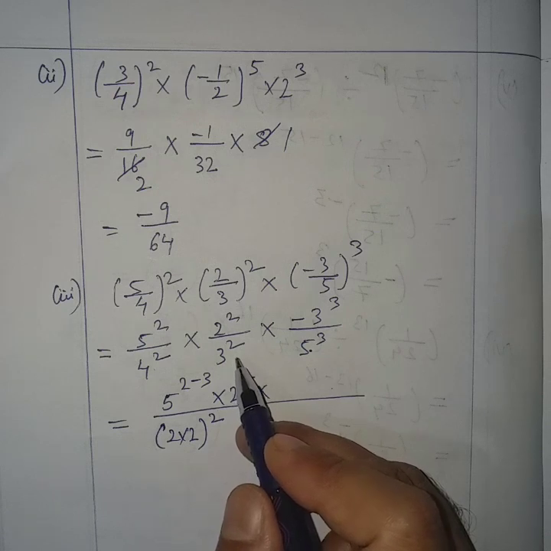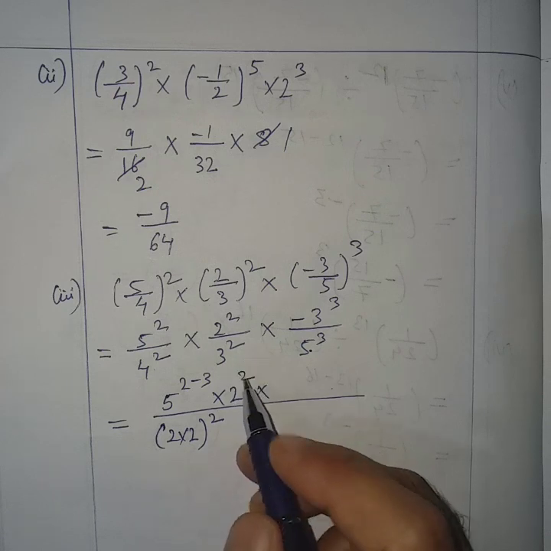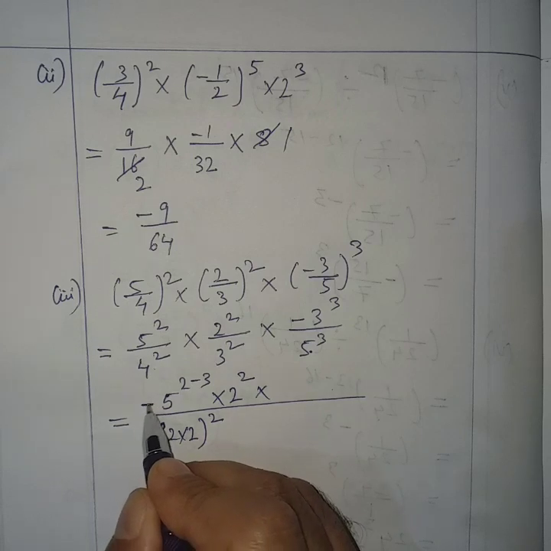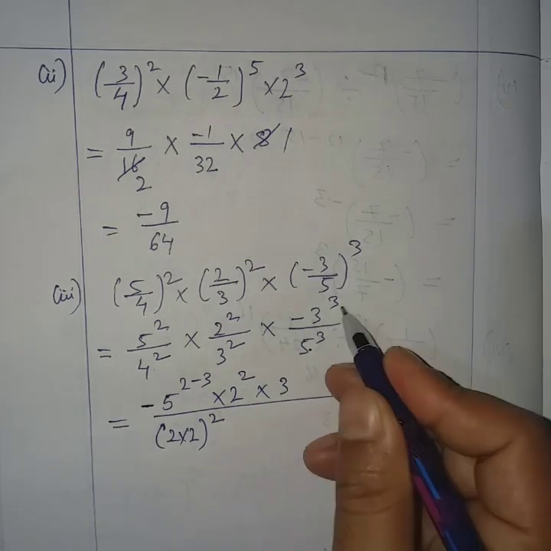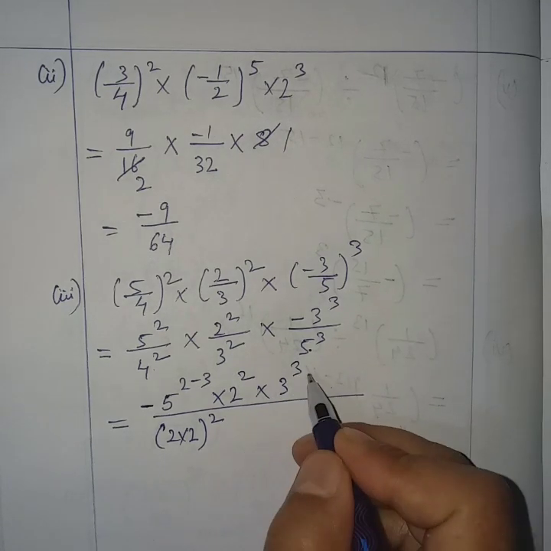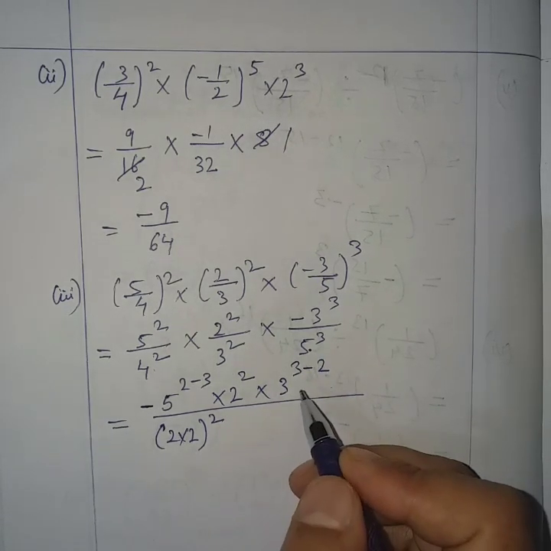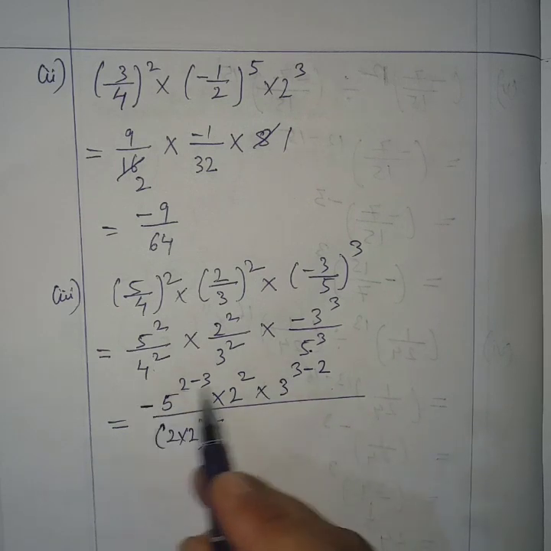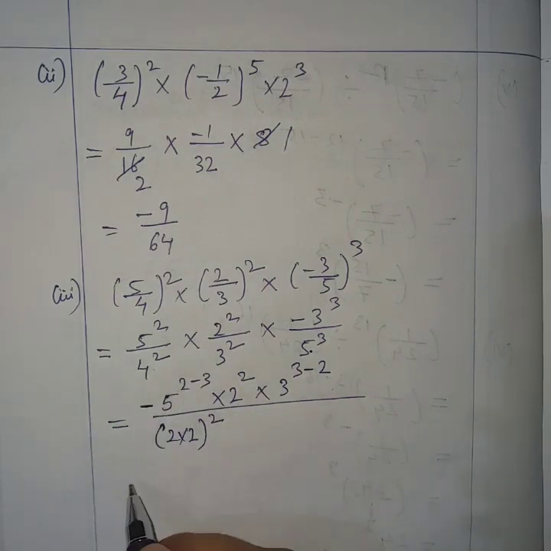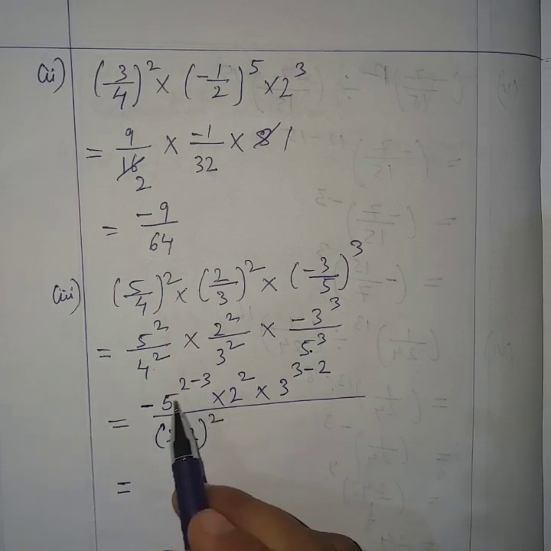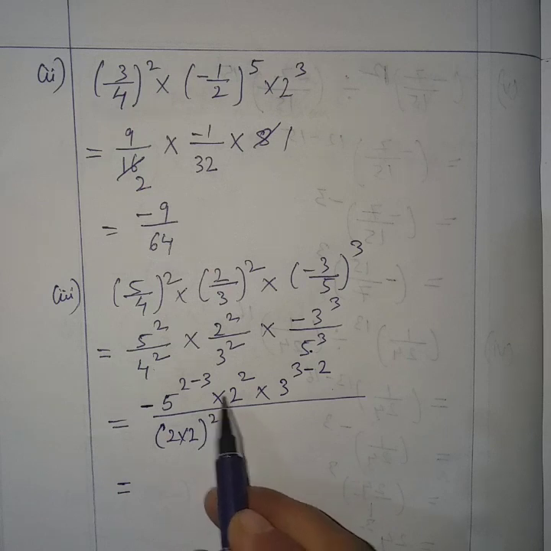Okay, so here this minus we can write here, and the power of the numerator minus the power of the denominator. So we have written almost all the quantities in this manner. Now in the next step, we have applied the laws of exponents.